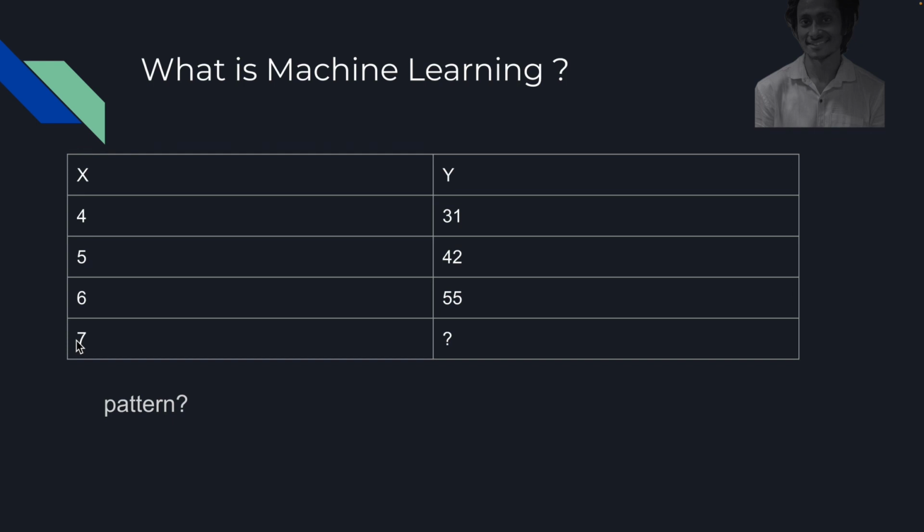Only if you know that logic or the pattern or the formula, you will be able to correctly tell the value of y. In this case, let us say you were unable to identify the pattern, therefore you cannot tell what the value of y is. Now, if I ask you, can you automate this particular logic, and then given an input, give me the corresponding output?